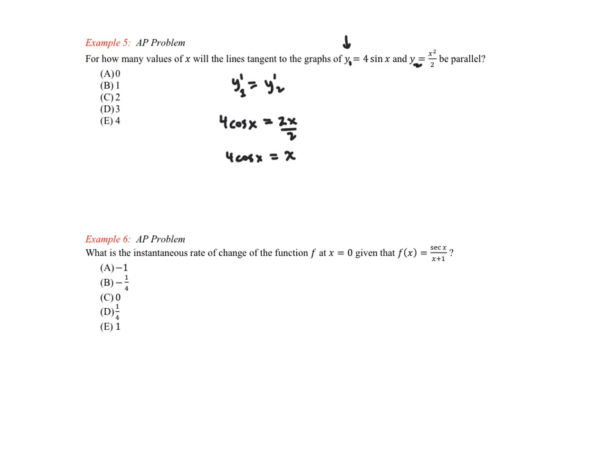Okay, so my suggestion on this is to graph the two. I'm going to graph 4 cosine x, and I'm going to graph x. I'm going to use my calculator, and I'm going to go in a window where my max value is 5 for y, my min value is -5. I'm actually going to go out to -5 and +5 for x as well.